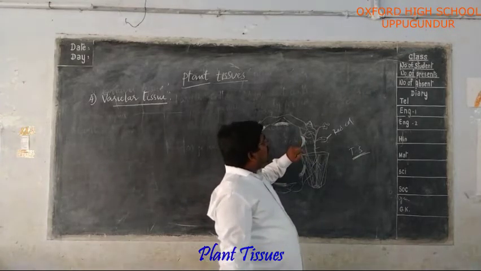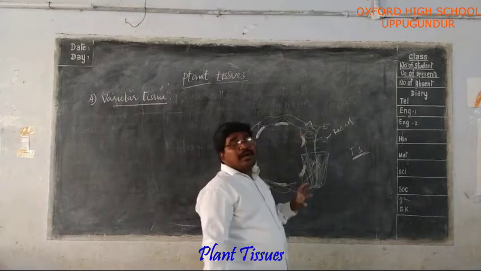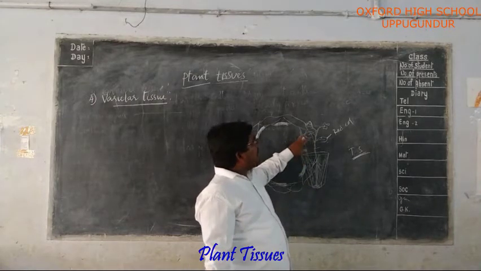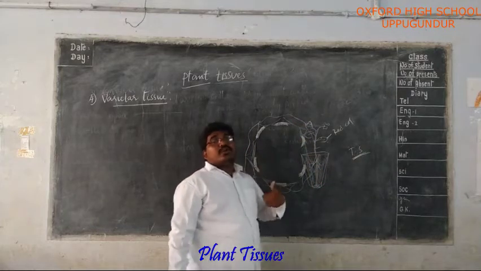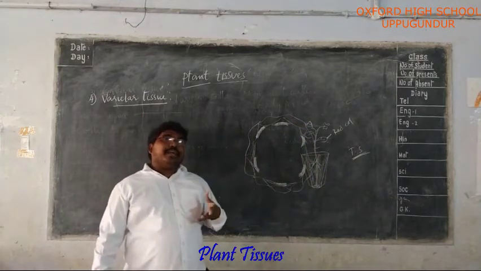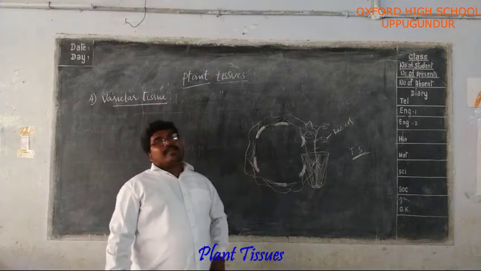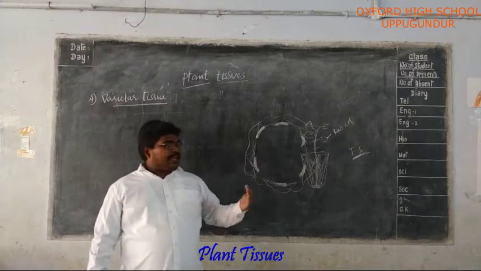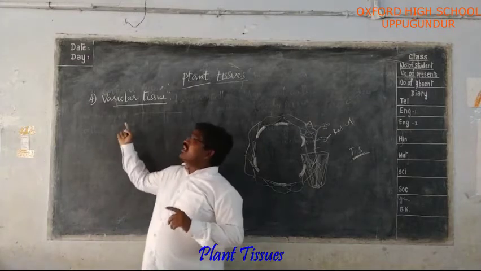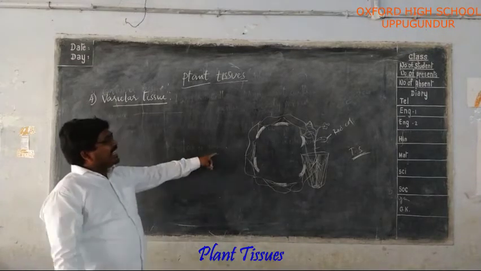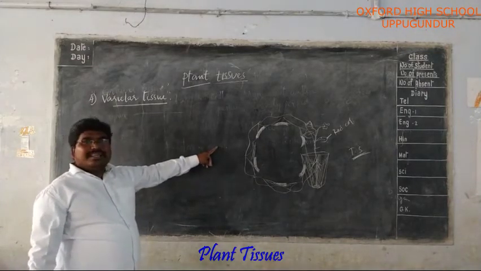The leaves also have the other type of partitions which transport the prepared food materials, the photosynthetic food which is prepared by the plants, to the other parts of the body. This conduction of water and the transportation of food is done by the vascular tissue. Here, the red color appears in bundles.